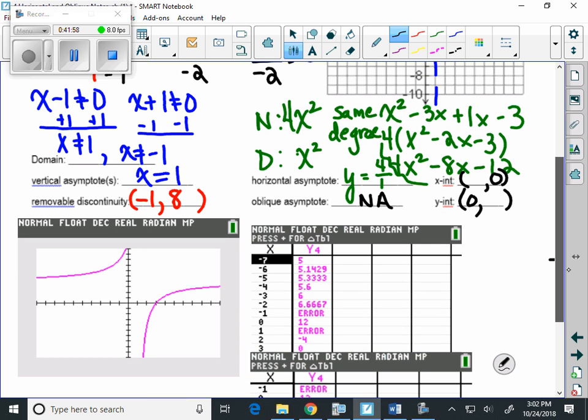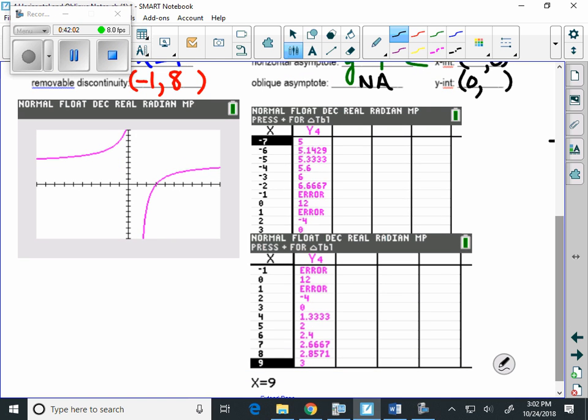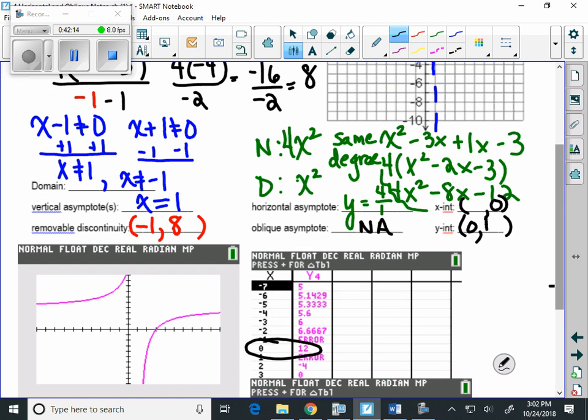And if we look down here at our table on our calculator, what I see is that 0, 12 is going to be a y-intercept. And it's not going to show up on our graph because I don't have enough space on my graph there.